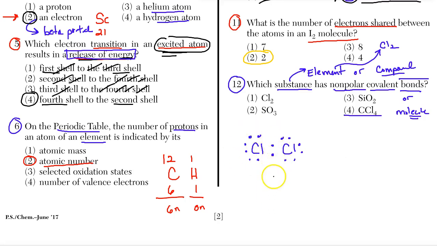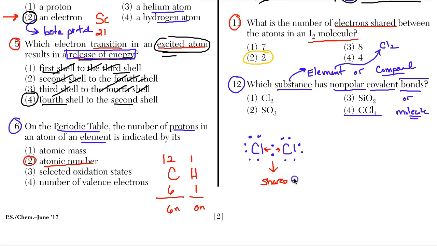But because they both have the same electronegativity, now I could look it up on table S, but it doesn't matter. They're the same element, so they're going to have the same attraction. So this pair of electrons is equally pulled in this direction as it is in this direction because these both have the same electronegativity.